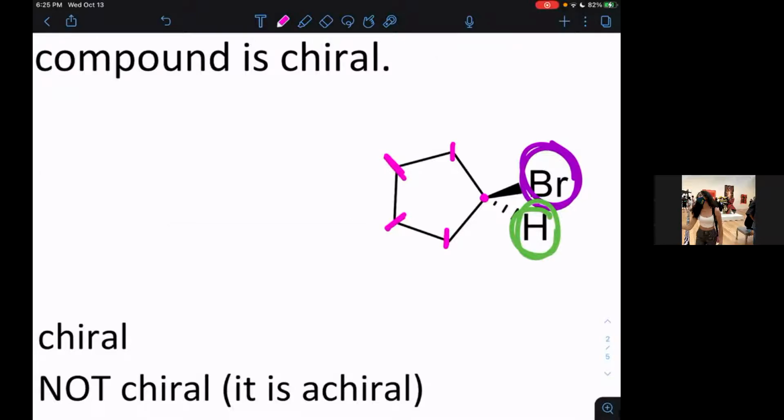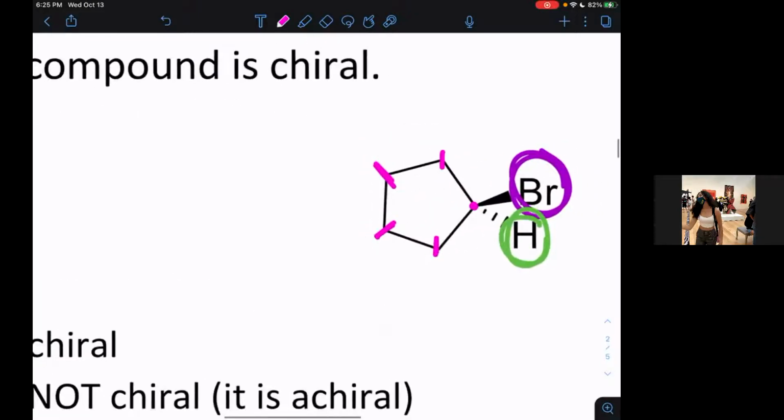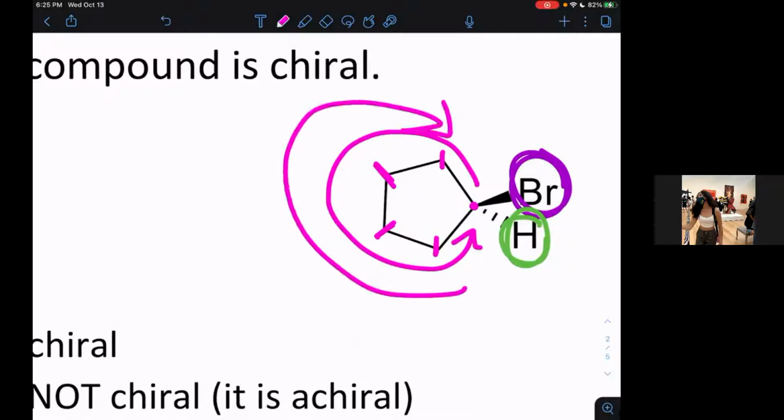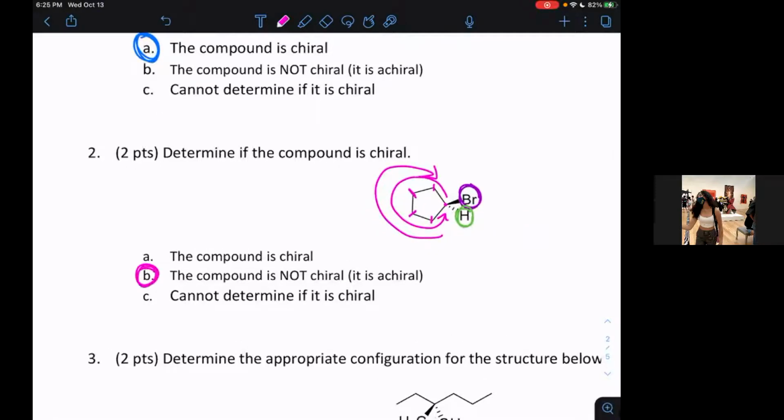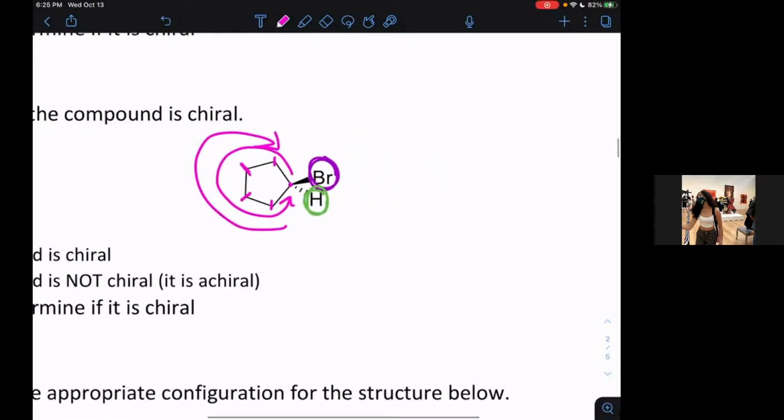So I don't even know where I would circle. No, just kidding, because I would split it up unevenly. But actually, in the video I watched, they went all the way through on both sides. But they're the same. So it's achiral because there's only 3 different groups.